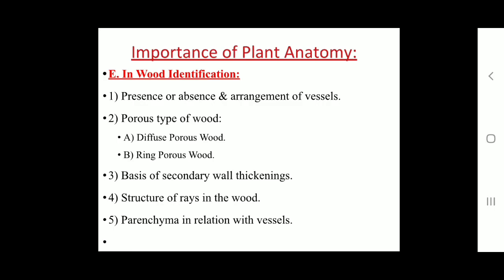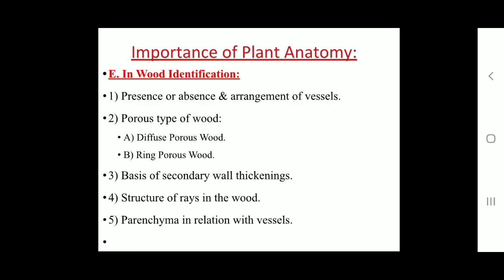Then number 5, parenchyma in relation with vessels also changes and is used as a criterion for wood identification. Example, presence of apotracheal parenchyma speaks for primitiveness of wood, while paratracheal parenchyma indicates advancement of wood.